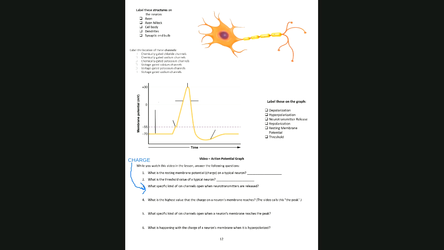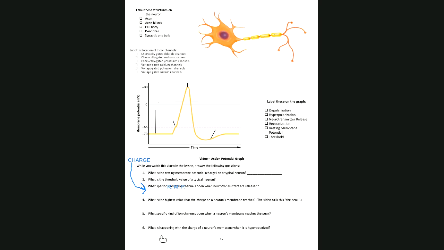So the resting membrane potential is the normal charge on the membrane at rest. I'm going to abbreviate here because that's a long thing to type. Resting membrane potential. At the very beginning of the graph, this is my normal charge on a neuron. And the normal charge on a neuron is -70 millivolts.